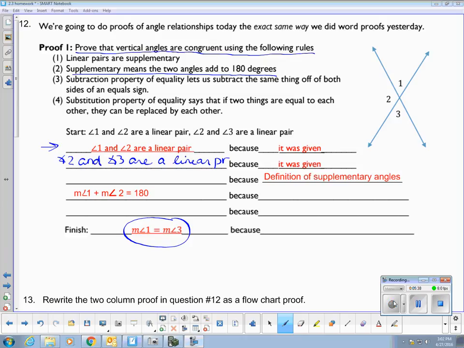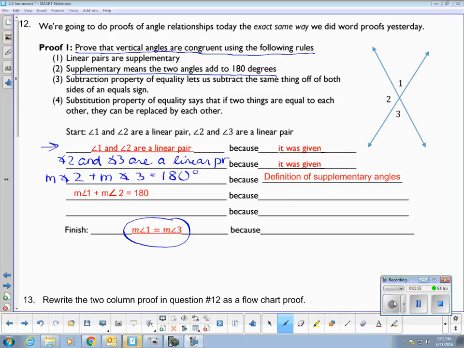So if angle 2 and 3 are a linear pair, then the measure of angle 2 plus the measure of angle 3 is equal to 180 degrees.